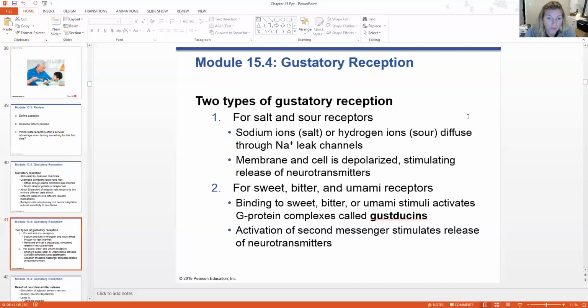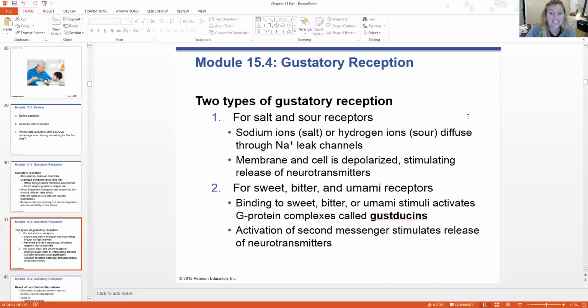You have salt and sour receptors, and bitter, sweet, and umami receptors. With your salty and sour receptors, hydrogen ions or sodium ions diffuse through sodium leak channels, and the membrane of the cell is depolarized, stimulating neurotransmitter release. For bitter, sweet, and umami, the binding of the stimuli is going to activate G protein complexes called gustducins.